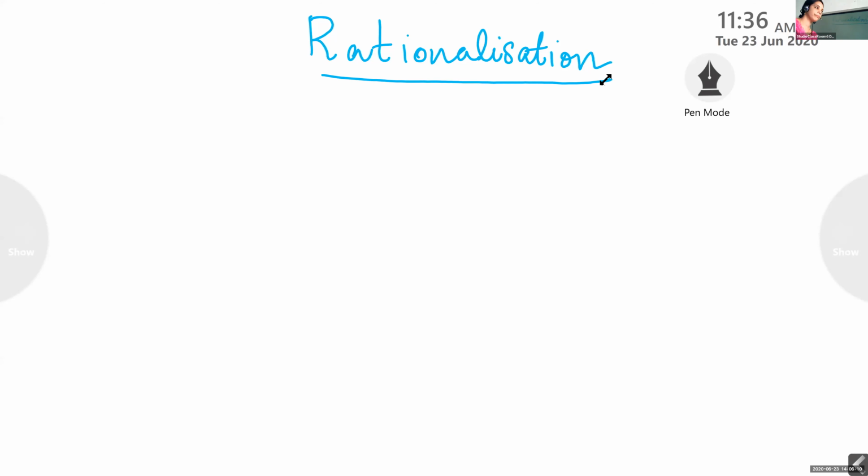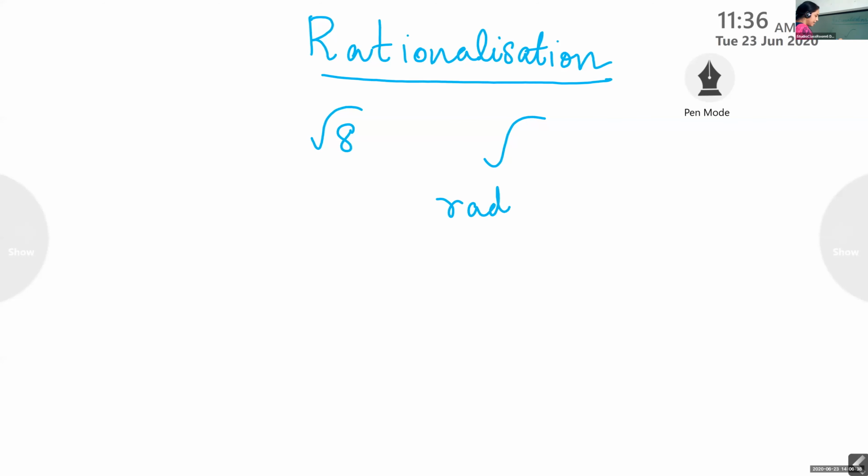Before starting the identities, let me give you one piece of information about rationalization. When we write something like root 8, this root is known as the radical sign.